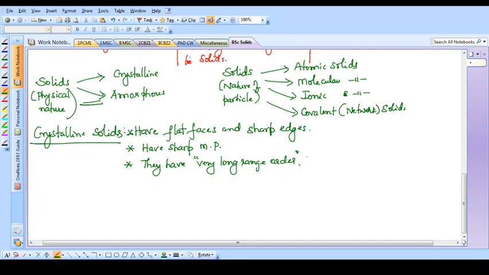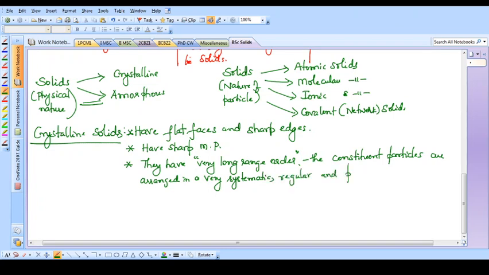It means that the constituent particles, the particles which make the solid, which may be atoms, ions, or molecules, are arranged in a very systematic, regular, and, very important word, periodic manner.